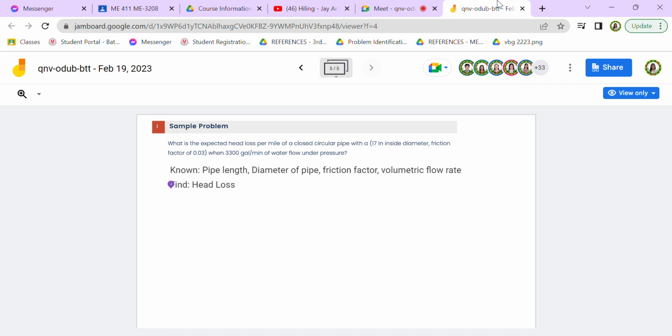Compare natin yung mga unit dito sa problem, then convert natin lahat para magkapare-pareha sila. Then, diameter ng pipe, denoted as letter D, which is 17 inches. Friction factor, which is a dimensionless number, so 0.03 lang siya. And volumetric flow rate, which is 3,300 gallons per minute.